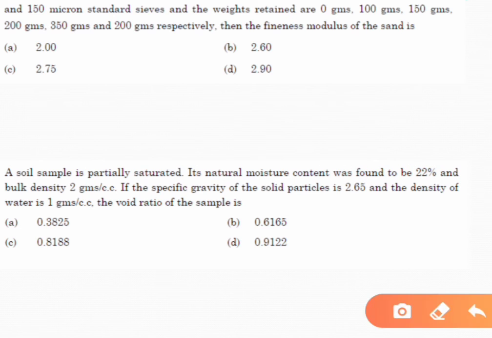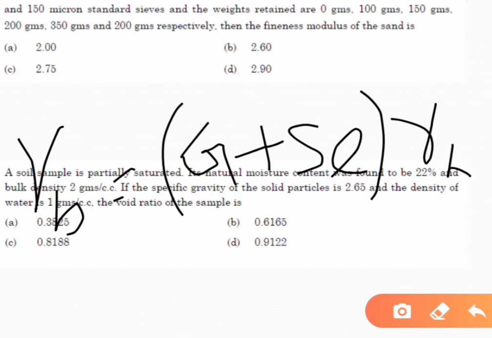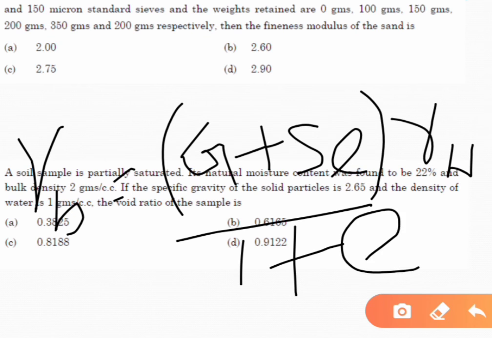As we know, the formula for bulk density, gamma bulk, is (G plus Se) into gamma w, divided by 1 plus e. G is given, which is 2.65. For S, what will it be? Se equals w into G, as we know.